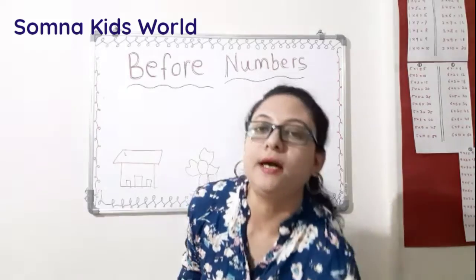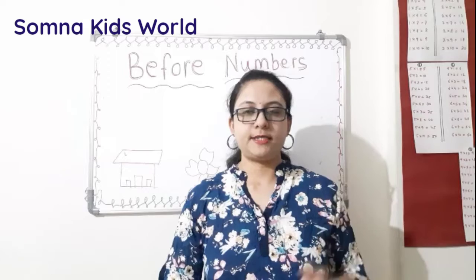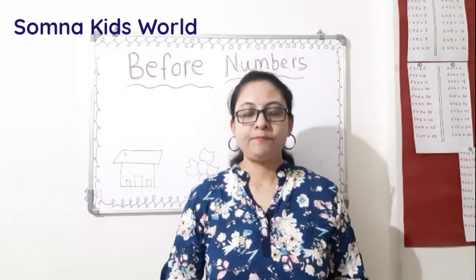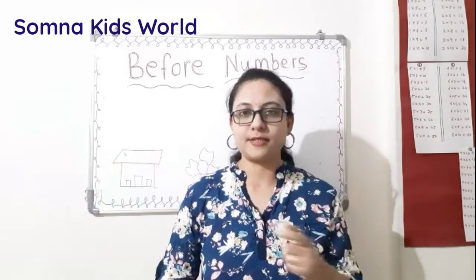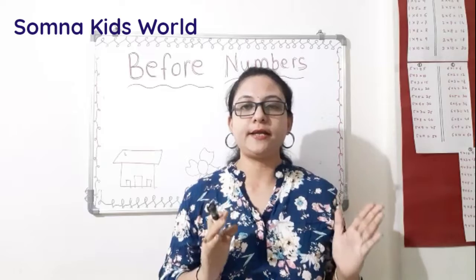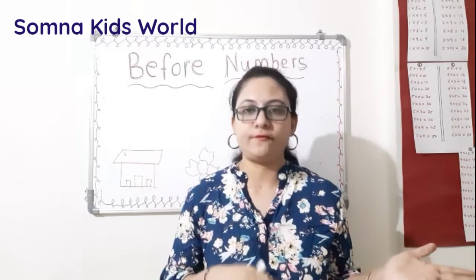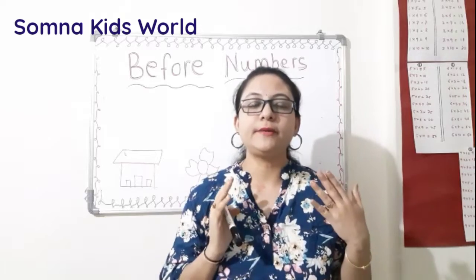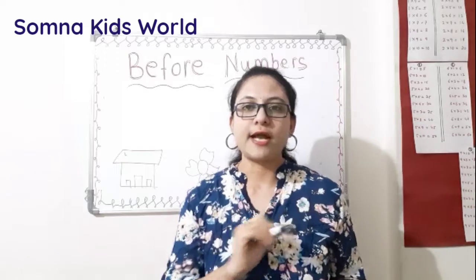Now I'm going to show you the same thing with the help of a number line. For the kids, we have to draw the number line, because without it it's very difficult for them to understand what the number before is. In senior KG it's not possible for them to remember which number comes before. So every time you give them a worksheet or a number, just draw a number line.